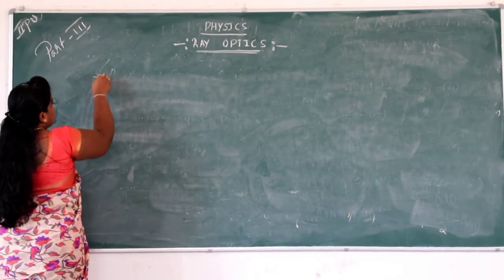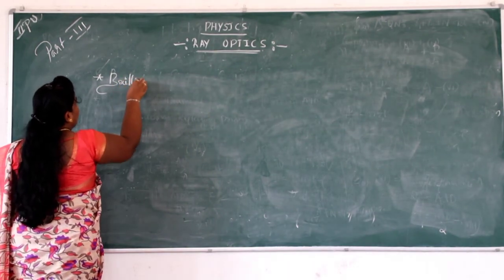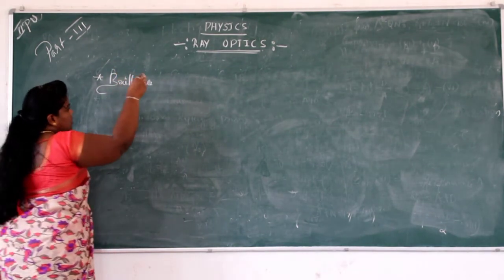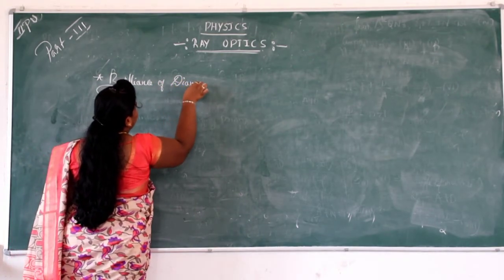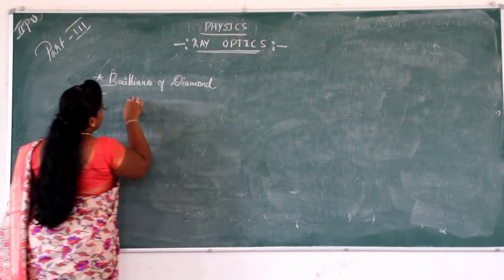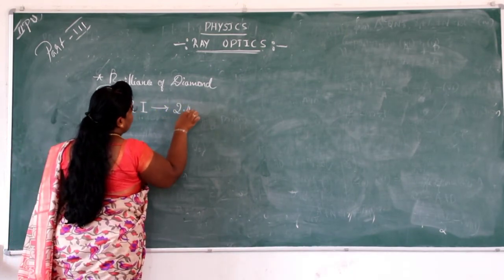Now let us see the brilliance of a diamond. You know that diamond has a refractive index of 2.42. I am just writing the refractive index of a diamond now. So dear students, the refractive index of a diamond is 2.42.